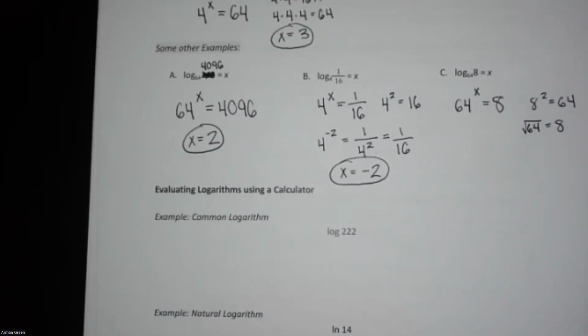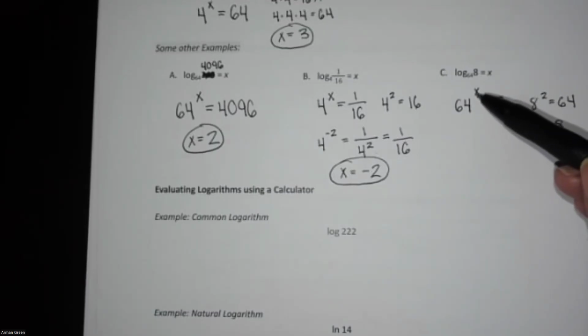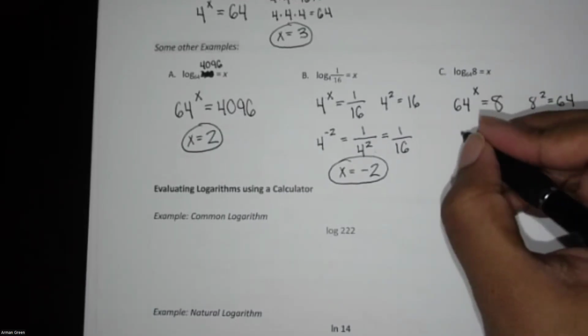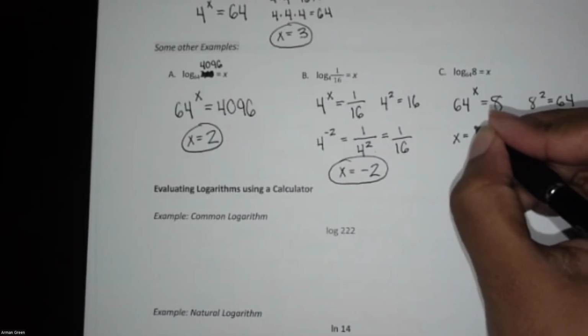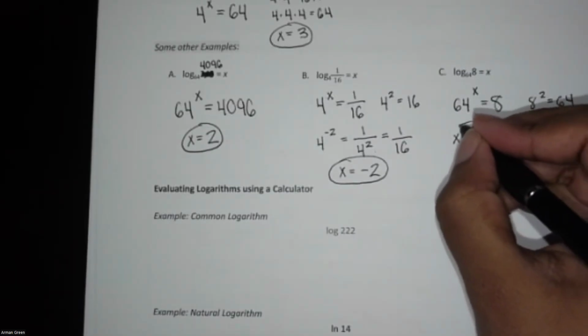Remember from way back, I believe in Unit 2, when we were dealing with perfect square roots, square root of 64 is a perfect square root. In fact, like I said, this equals 8. So square root is the same thing as an exponent of 1/2. So in this case here, our exponent is 1/2.